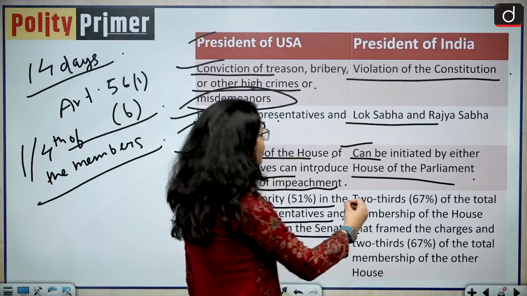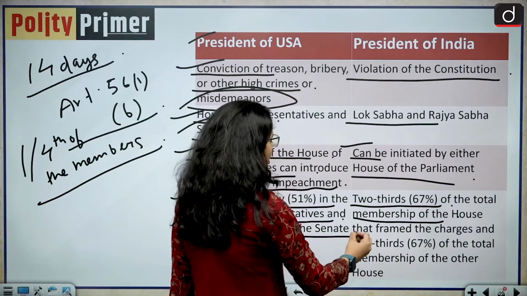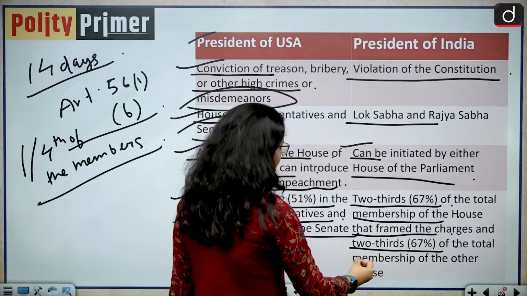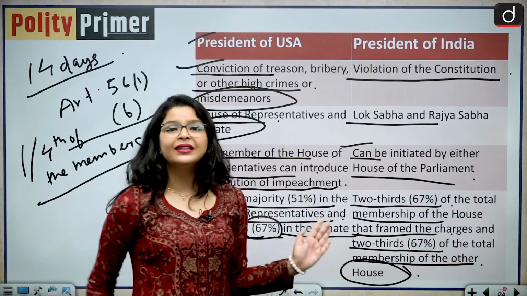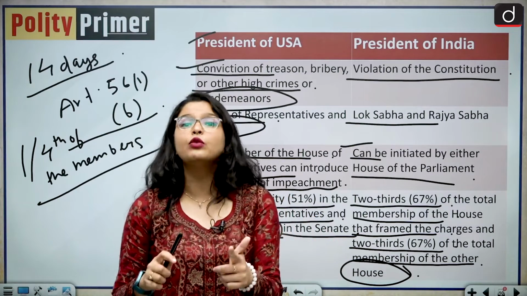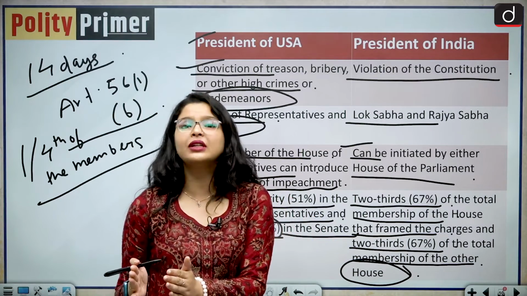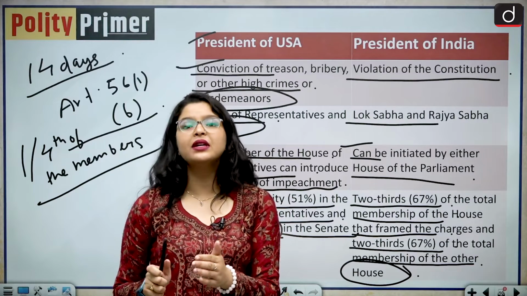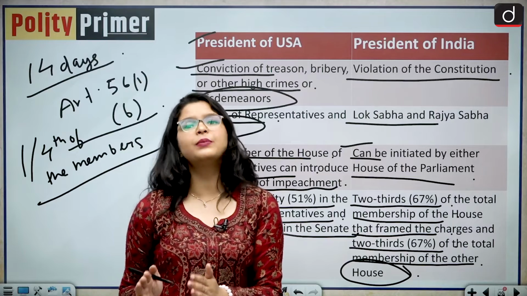In the Indian scenario, 2/3, that is 67%, of the total membership of the House that framed the charges, and 2/3, that is 67%, of the total membership of the other House. You see that both the Houses have equal powers in this regard, and that is why they have equal majority as well. In both the Houses, you require at least 2/3 of the members voting on the resolution which has been brought to impeach the President.